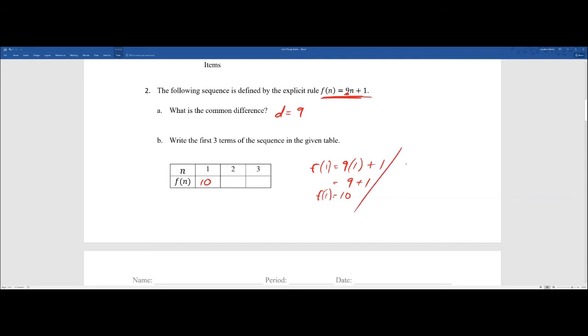Now, your second term, known as f of 2, will look like this. You have 9 times n, which in this situation is 2, plus 1. You should get 18 plus 1. So f of 2 equals 19.